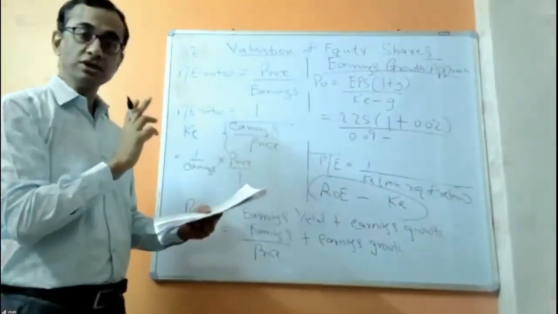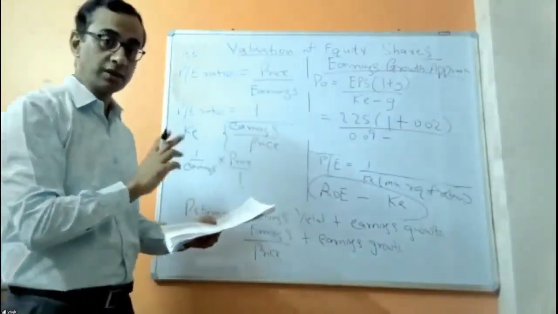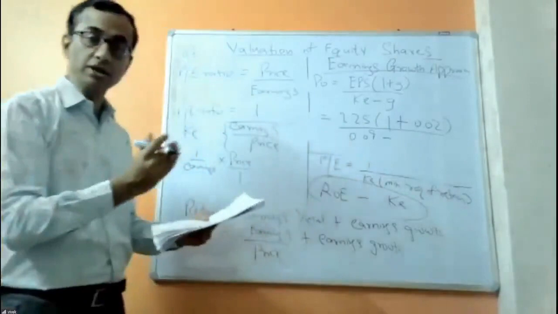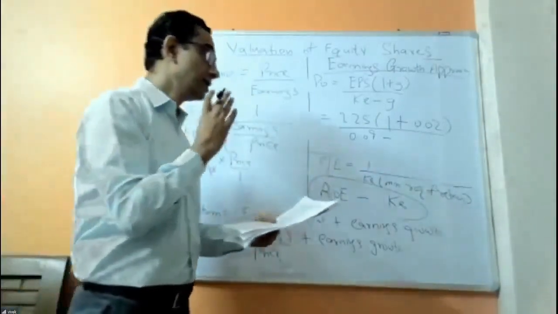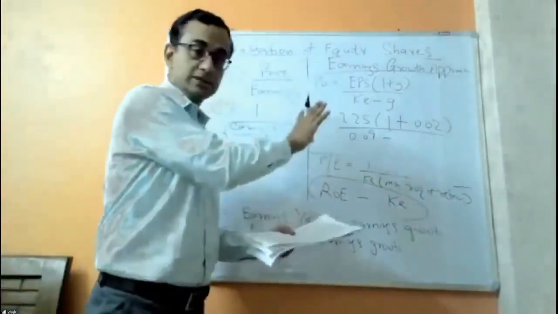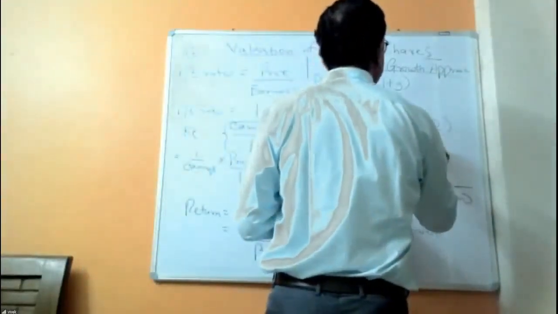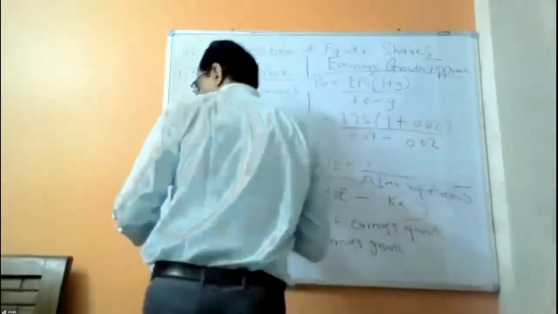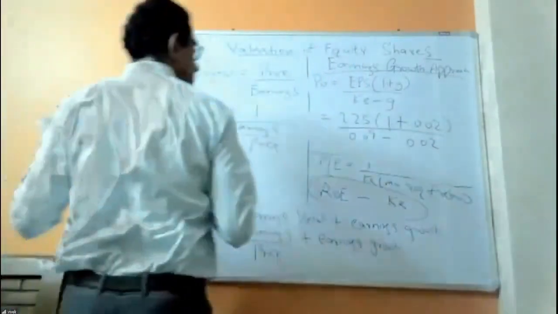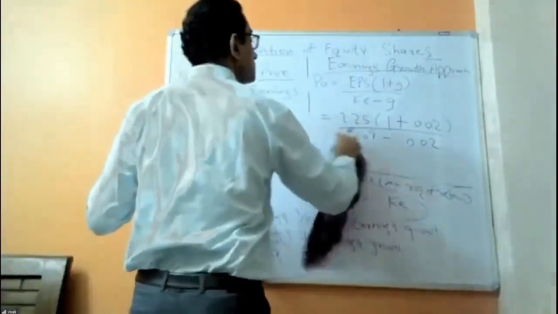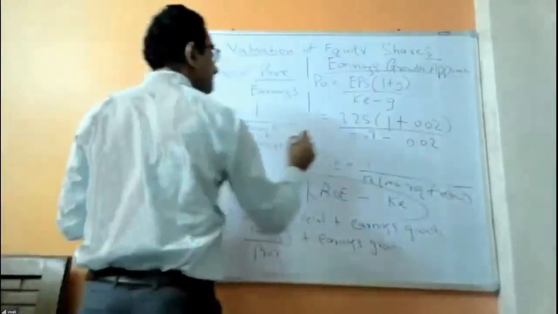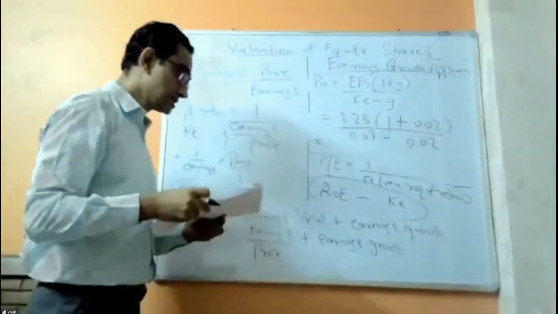That is, return on equity is taken as the cost of capital, the minimum required rate of return, or the discount rate in this particular case in the earning based approach. Growth rate 2%. Now, let us calculate it.